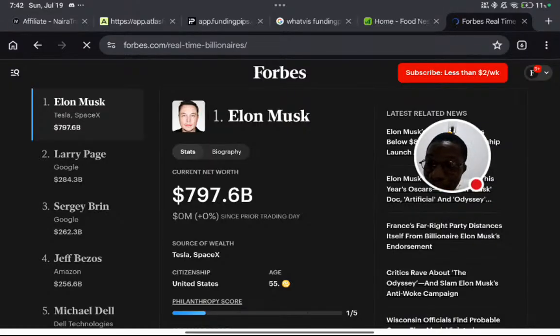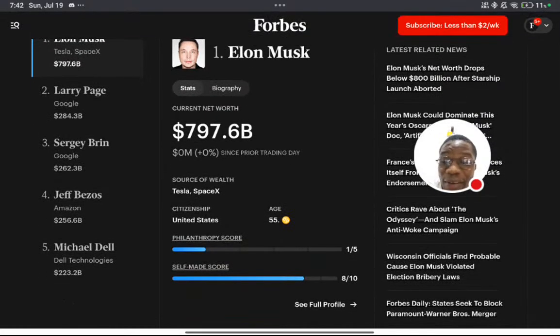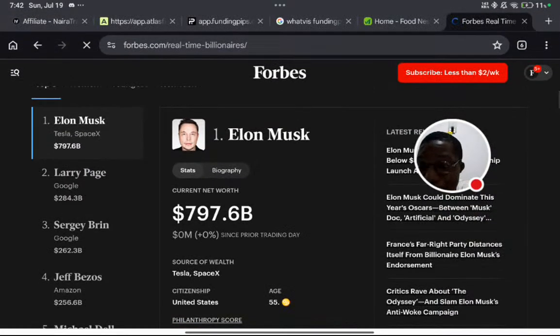The second richest person is sitting at $284.3 billion. So the next person that owns Google, they are the ones following at 262. Jeff, 256. So you could see the gap, guys. Like this guy is sitting like before now. It was crazy. It was $1 trillion.